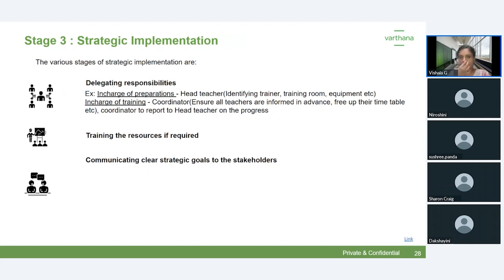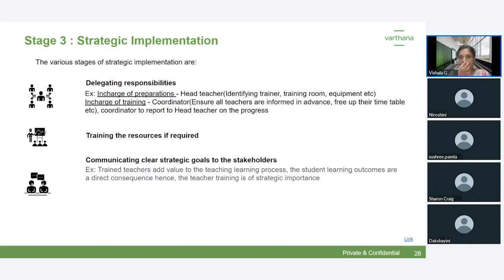So communicating clear strategic goals to the stakeholders: why you're doing this, what is the reason we have to do this, what is the reason we have to do it only this way and not the other way. These things become very important for you to communicate. And communicating the timelines and deliverables, we have to communicate all these things with the stakeholders so that everything will run smoothly.